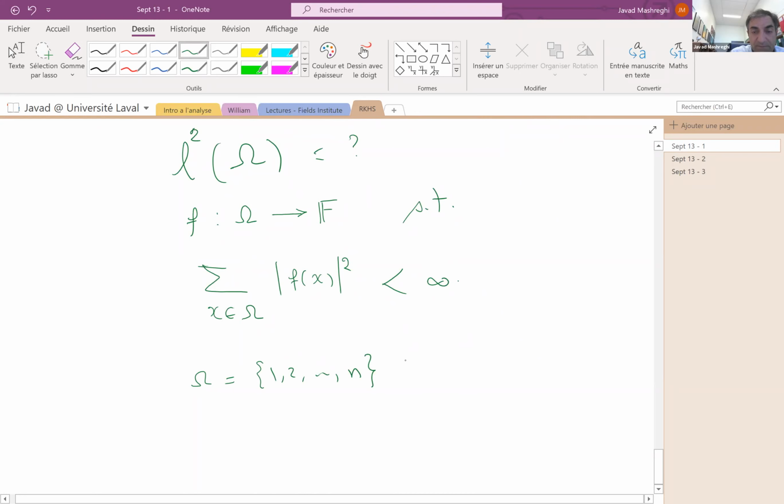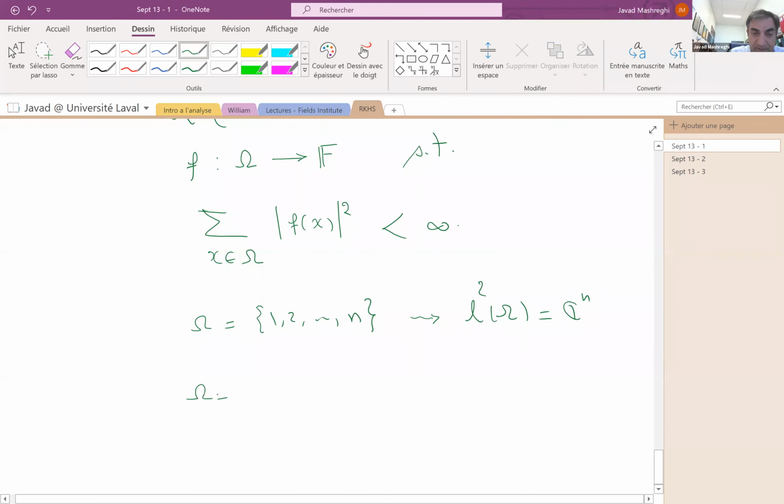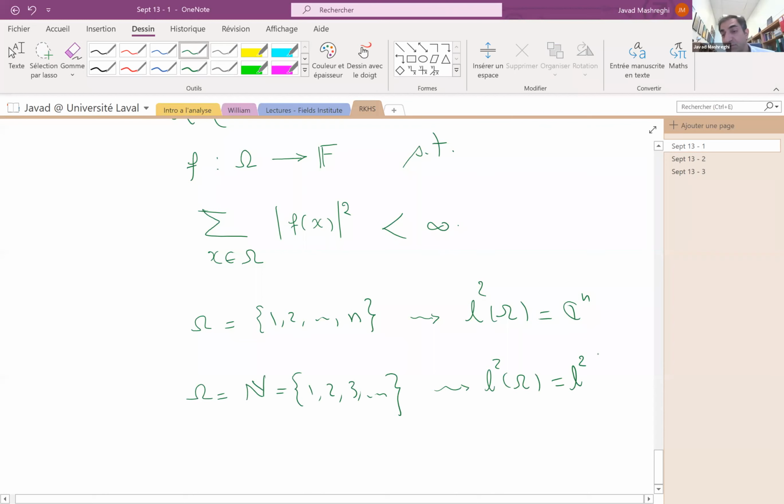Then L2 of omega is the same as C^n that we saw before. If omega is the set of natural numbers, 1, 2, 3, then this becomes an ordinary series that we see in our elementary courses, and it says that the series should be convergent. So in this case, L2 of omega, we simply write L2.